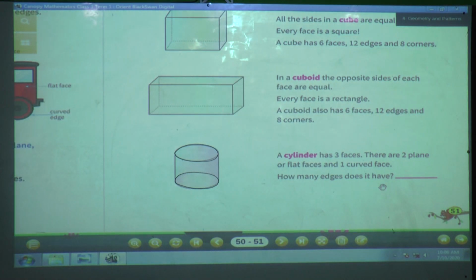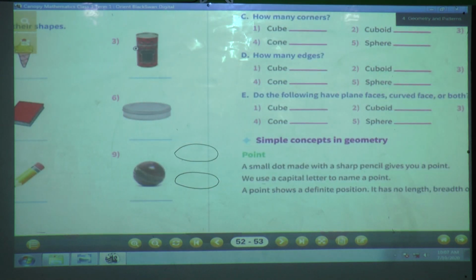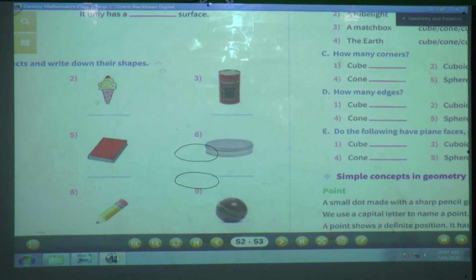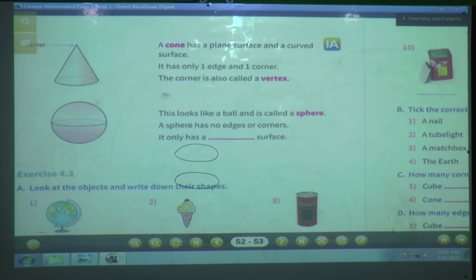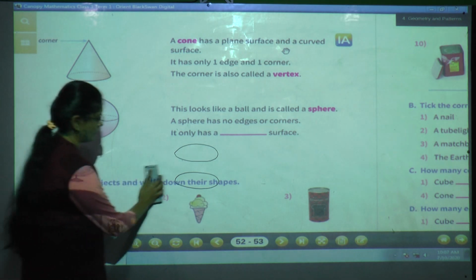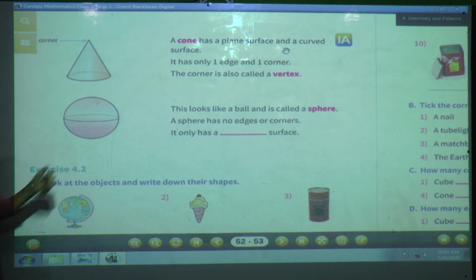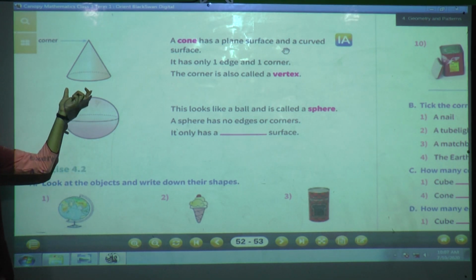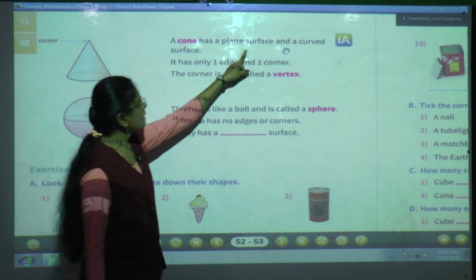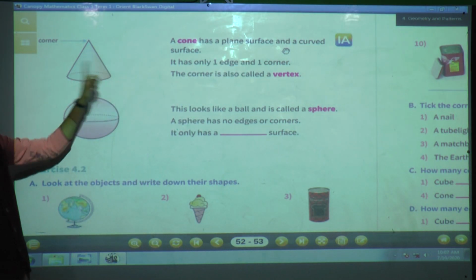The next is cone. I'll show you a cone. Here a cone has a plane surface and a curved surface. If you see the cone, or the birthday cap, it has one plane surface and one curved surface.